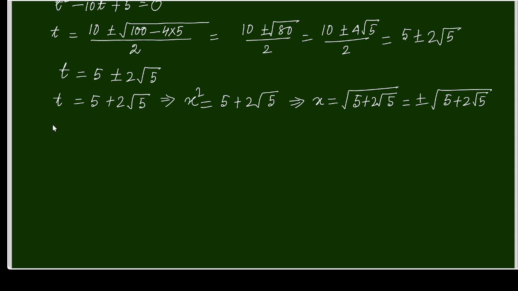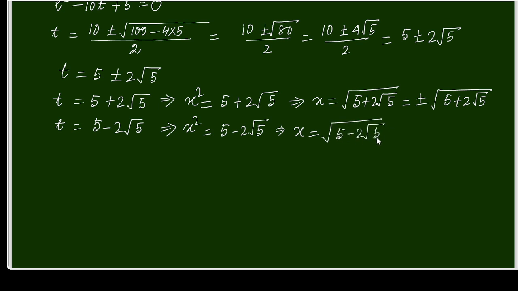Now coming to the second case, when t is 5 minus 2 root 5. In the same way, x square equals 5 minus 2 root 5. This implies that x is equal to the square root of 5 minus 2 root 5. Again two possibilities, one positive, one negative.